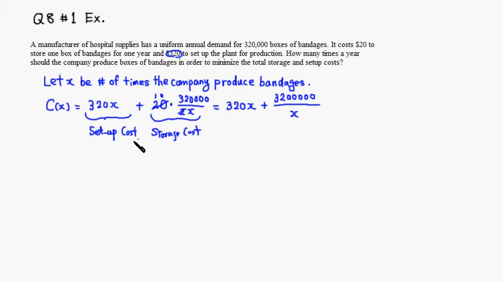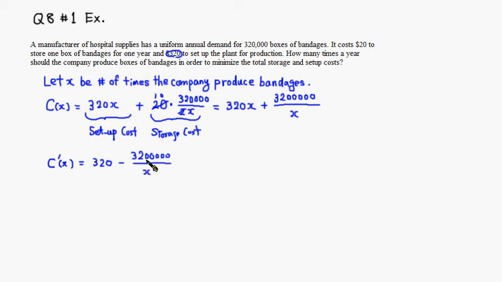Then what we want to do is take the derivative of the function. The derivative is 320 minus 320,000 over x squared.